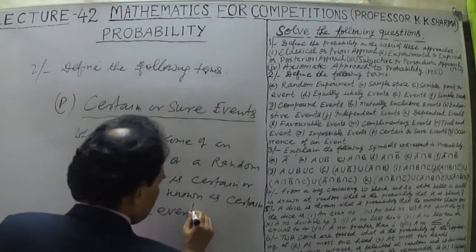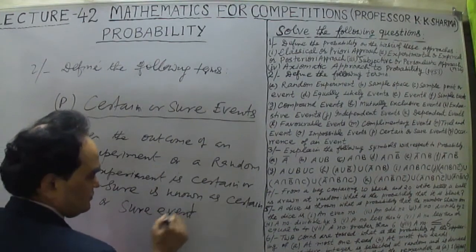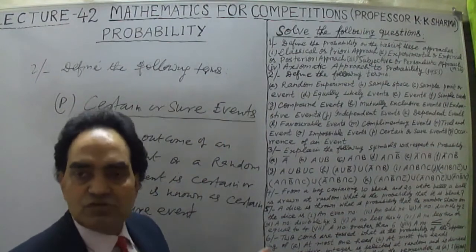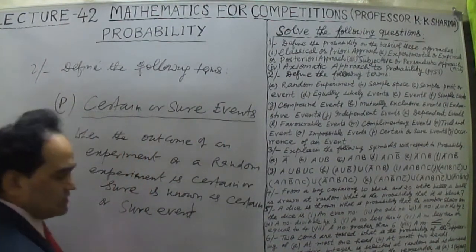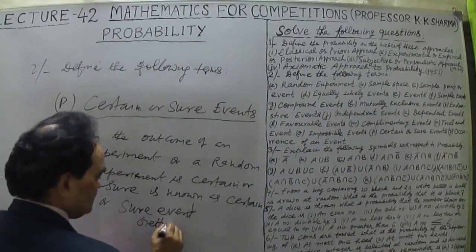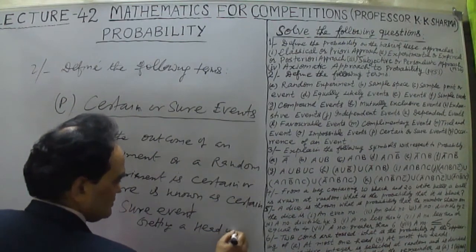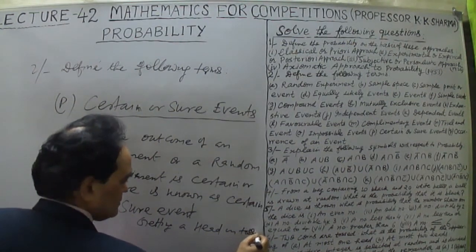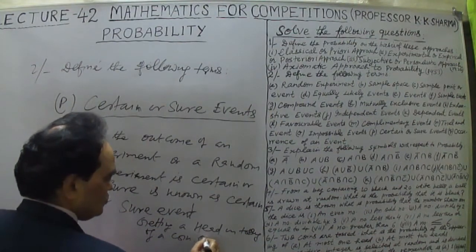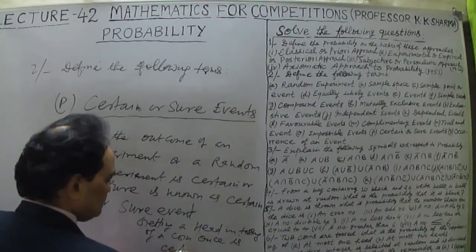So what is the probability of, for example, the sample space S? It is 1. This probability is always 1. A certain event is going to happen. Getting a head in tossing of a coin once is certain. Why certain?